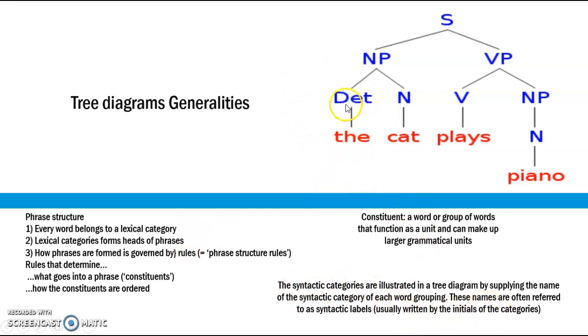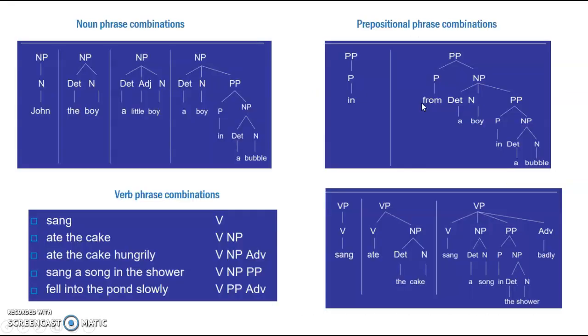For example, here we don't write determiner, we just write det. Here we don't write noun, we only add the n, the initial letter.